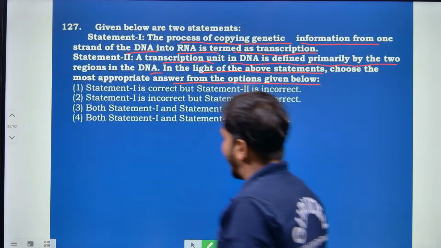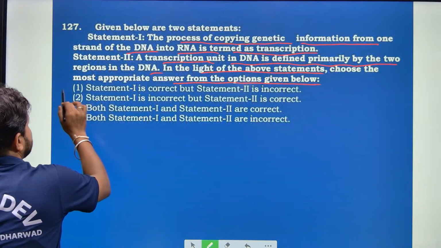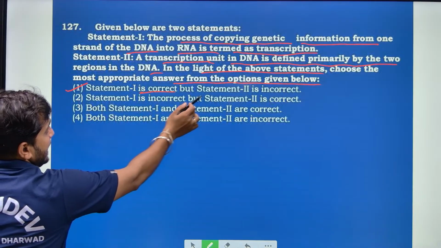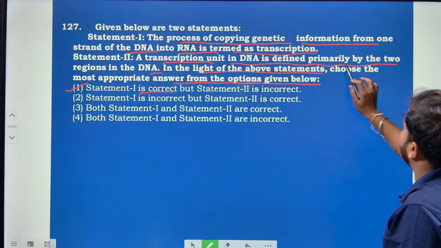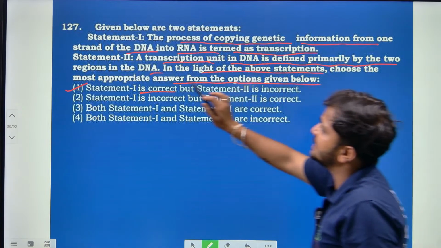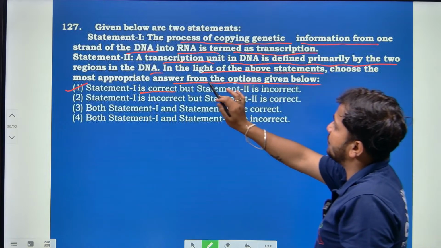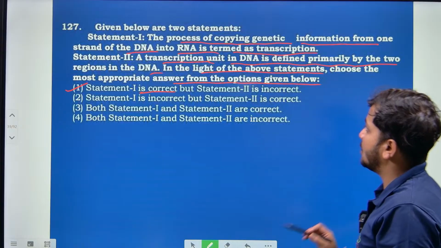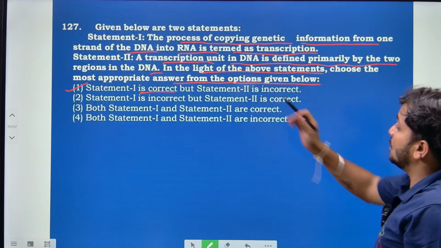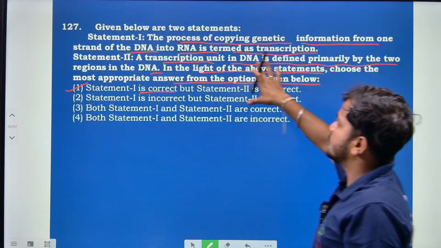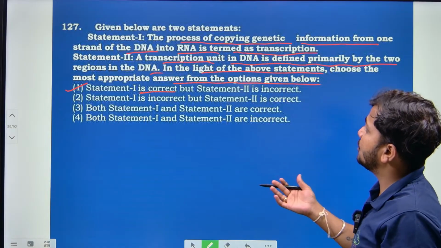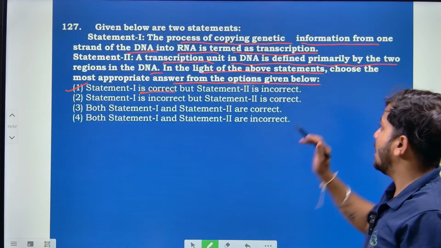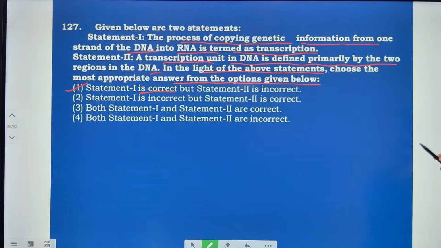According to that, statement 1 is correct and statement 2 is incorrect, because a transcription unit in DNA is defined primarily by three regions in the DNA, not two. Only one region I am going to find out is what we call the origin of replication, sorry, the promoter region. And with respect to the structural gene, the copying of the mRNA or the transcript is formed. So statement 1 is correct but statement 2 is incorrect.